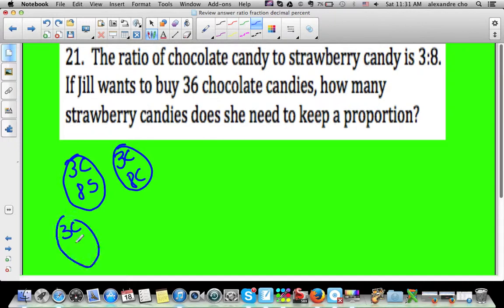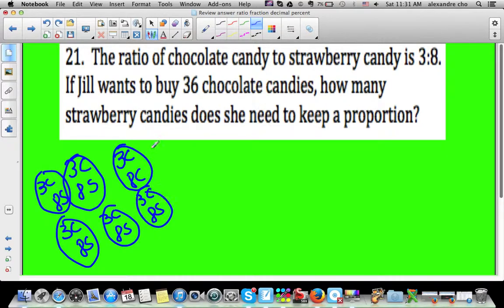3 chocolate, 8 strawberries, and keep going, because I need to find out how many strawberries I will have when I have 36 chocolates. So far I don't have enough. Another 3 chocolates. Keep going. 3 chocolates, 8 S. 3 chocolate, 8 strawberries.